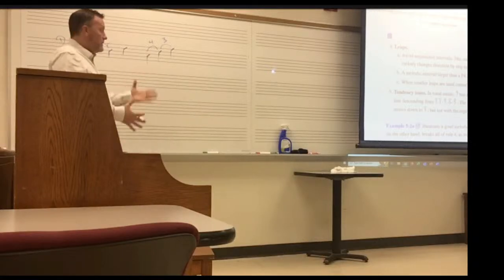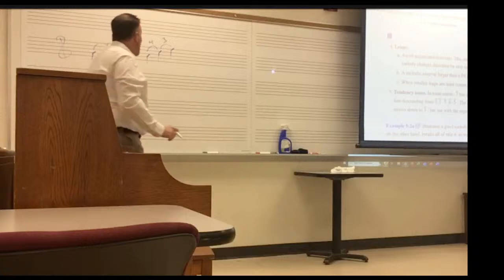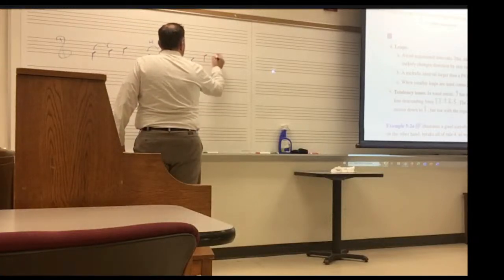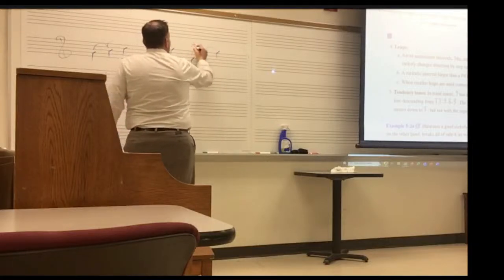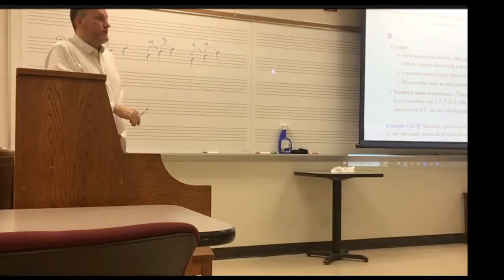So what you can't do, basically, is have 2 fourths in a row. 2 skips of 2 fourths in a row does not outline a triad. A 4th and a 3rd, a 3rd and a 4th, could be a major triad, a minor triad, or a diminished triad. Doesn't matter, as long as it outlines a triad.